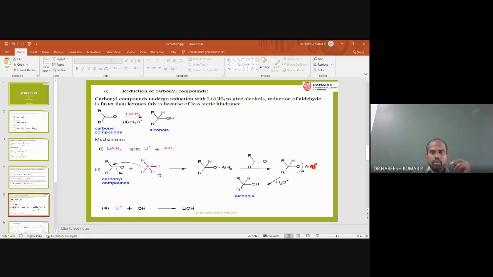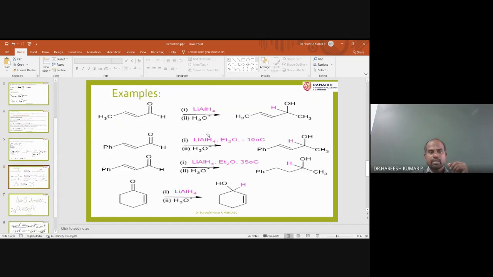So now I will go to the next slide. In the next slide, I am explaining a few examples of how a carbonyl compound is reduced. So look here, this is an alpha beta unsaturated carbonyl compound.